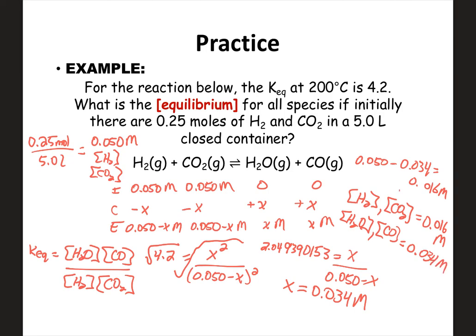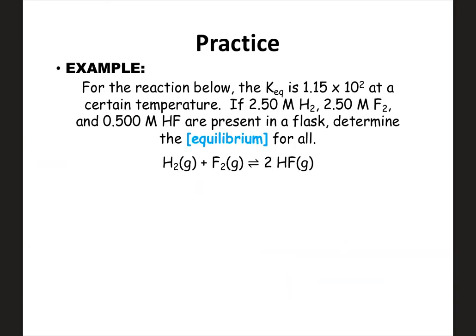So now I know the concentration of all of the substances here at equilibrium, which is what I wanted to do. I didn't know any of the concentrations at equilibrium, so I had to use an ICE table with X, but I had to be careful to make sure that I'm using molarity. Let's look at one more example here.